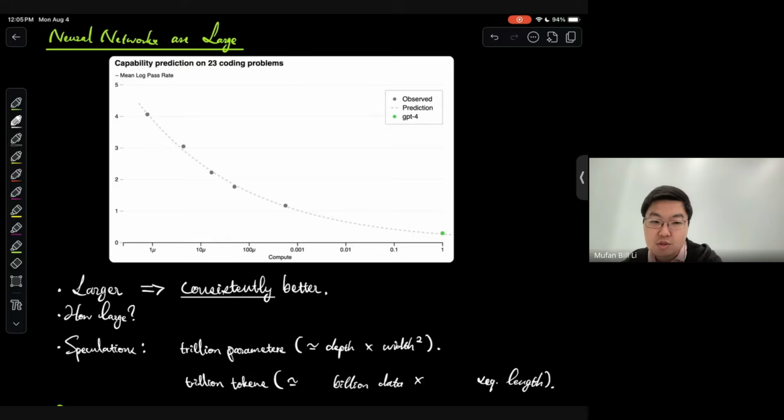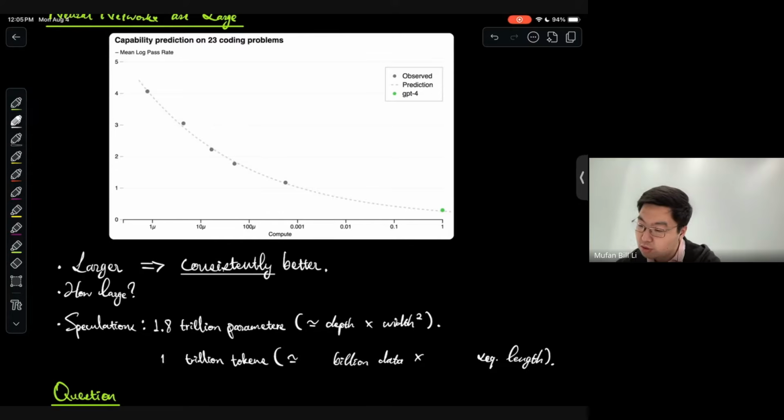The number of parameters, roughly the depth of the network multiplied by the width squared, is estimated to be around 1.8 trillion. The number of tokens used is roughly 13 trillion, roughly equivalent to 1.6 billion data points, where each sequence is a data point with 8,000 tokens as the sequence length. So this is roughly the speculated size of the neural networks we're dealing with today.